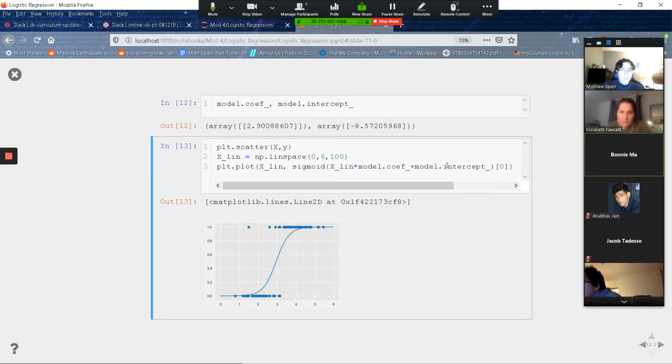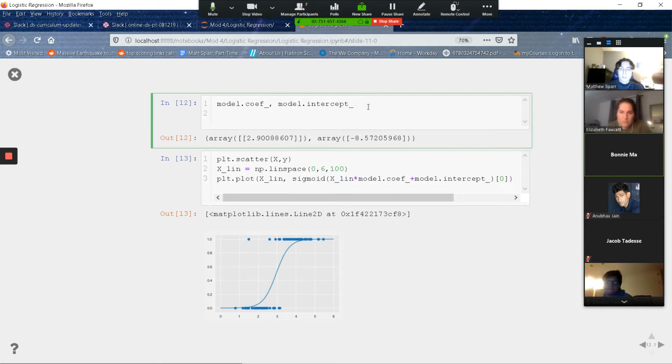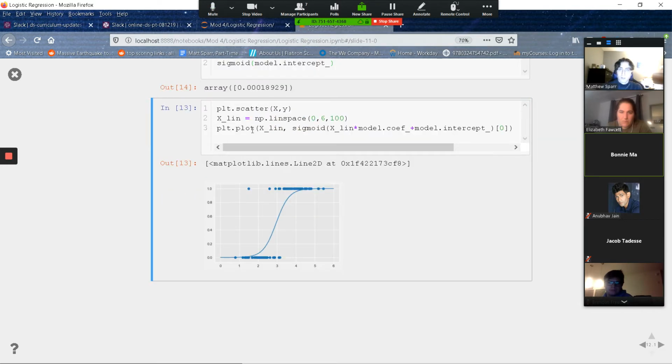We would just take the sigmoid of -8, the model.intercept. The sigmoid of that -8 value is actually this. It's very close to 0, but it squashes everything between 0 and 1.